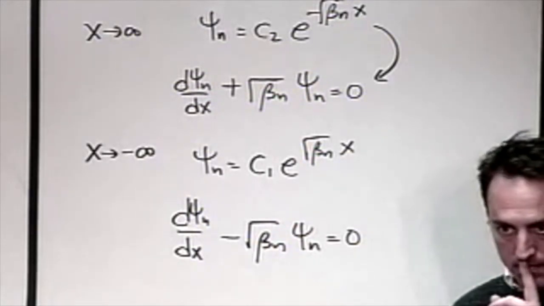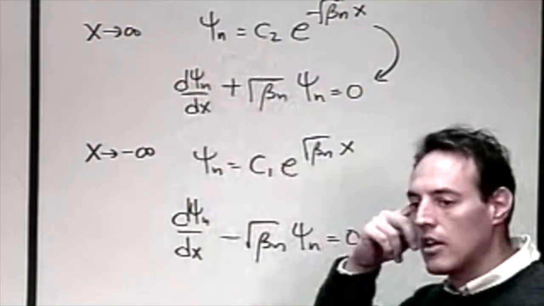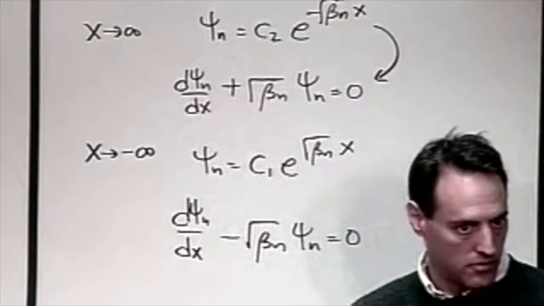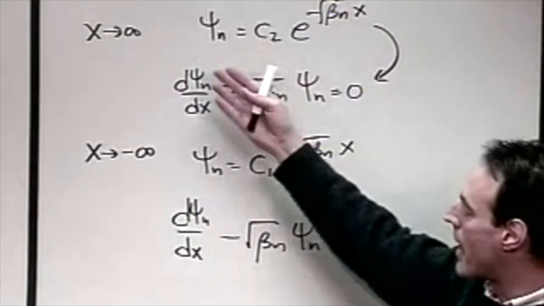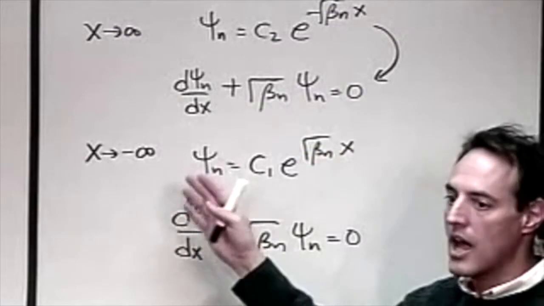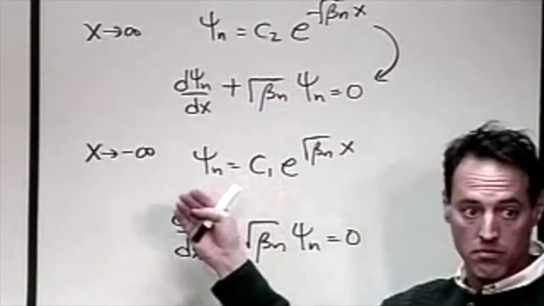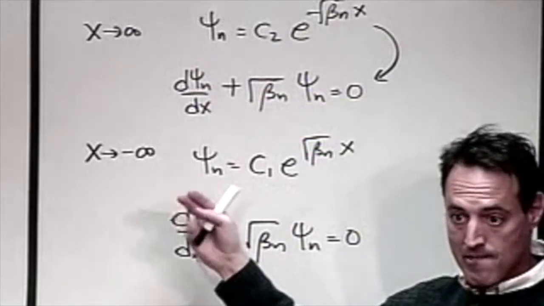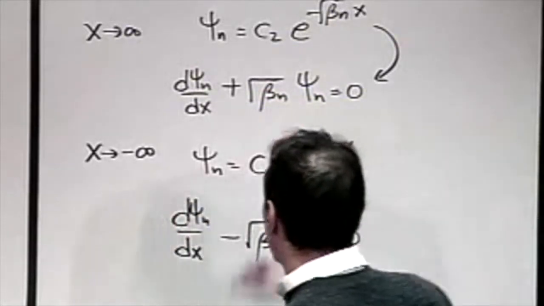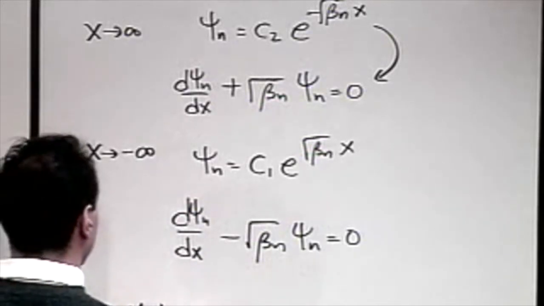In particular, remember that when we go to compute this, we are no longer thinking about x going to infinity or minus infinity. We are now in a finite domain, negative L to L. So here are my computational boundary conditions.